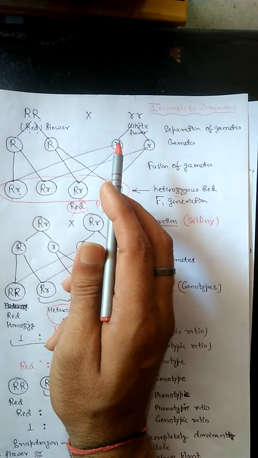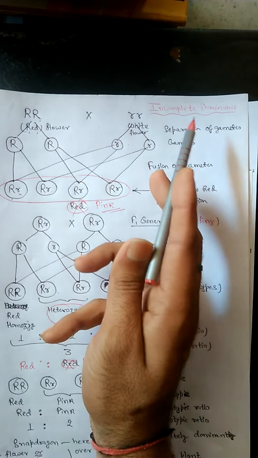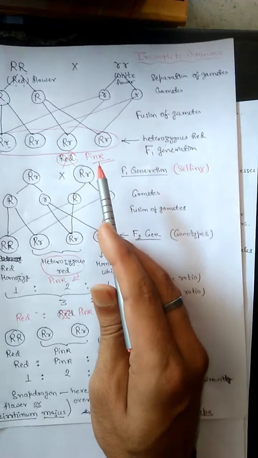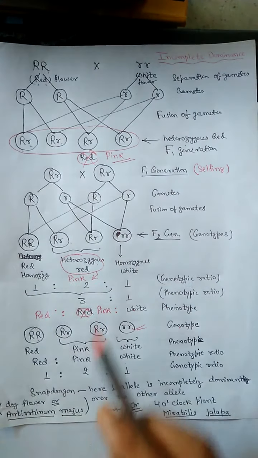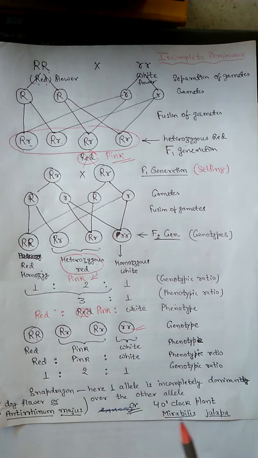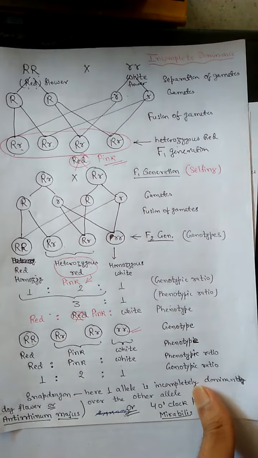Traits means characteristics. This is a case of incomplete dominance, and the examples were two: Antirrhinum majus, the dog flower or snapdragon, and the four o'clock plant, Mirabilis jalapa.